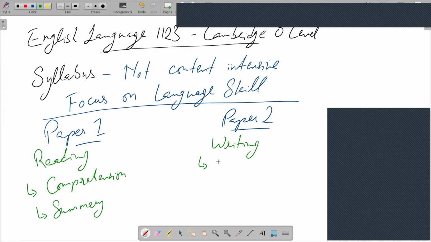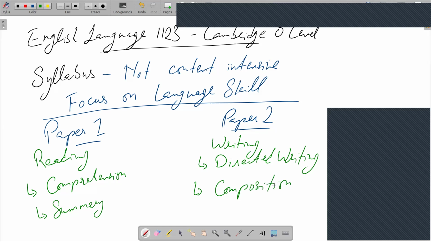It will have a directed writing task and a composition. So they're basically just four tasks that encompass all that you need to do.